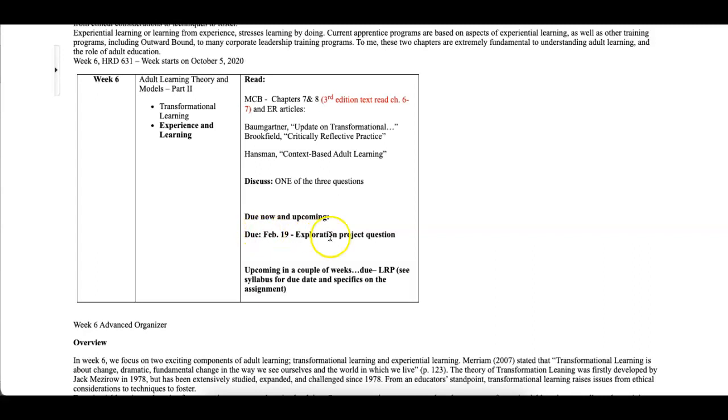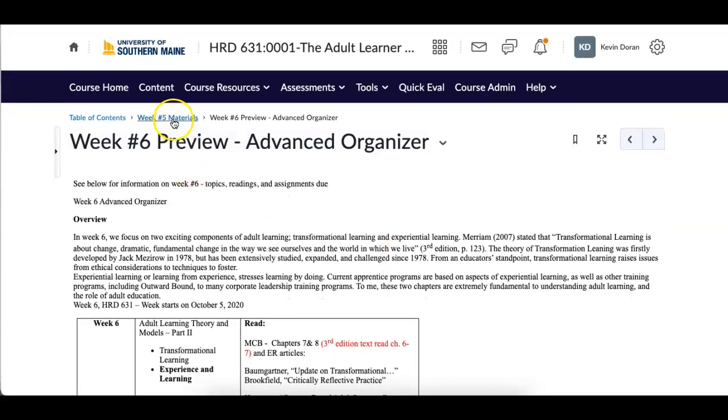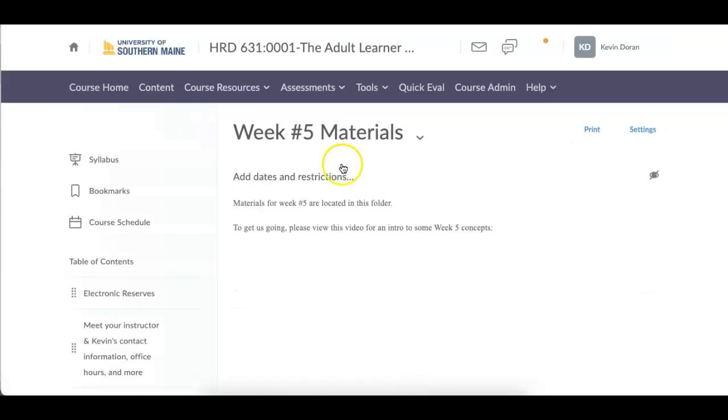And I did mention once again down here, the exploration projects are due. And then we have in a few weeks the learning reflection paper, and that happens at the end of week number 7. So you have little time on that. Let me go back to week number 5 just to orient you to where we're at.